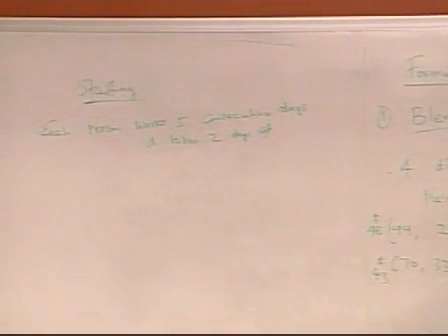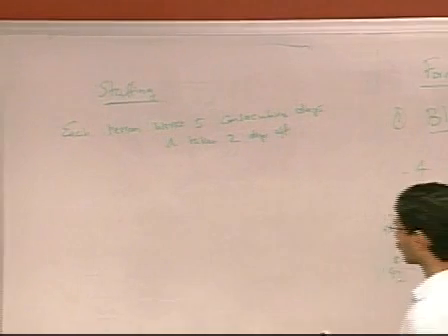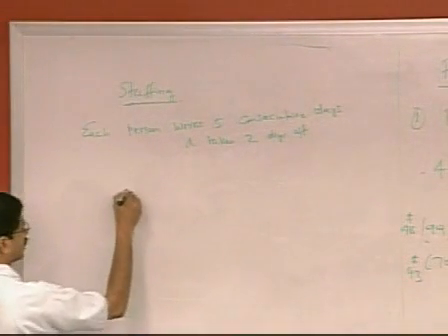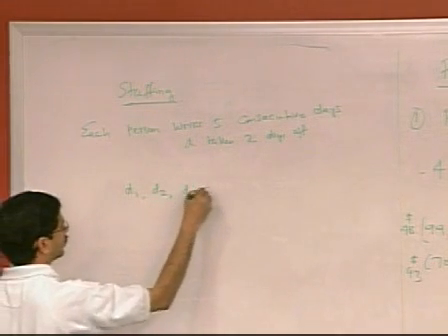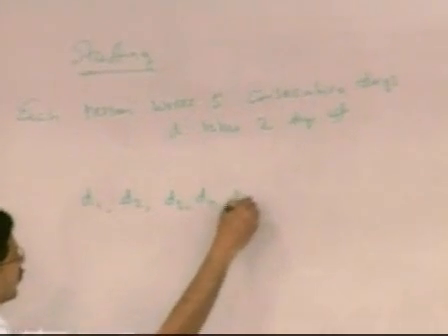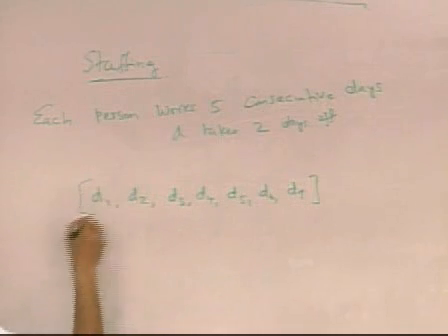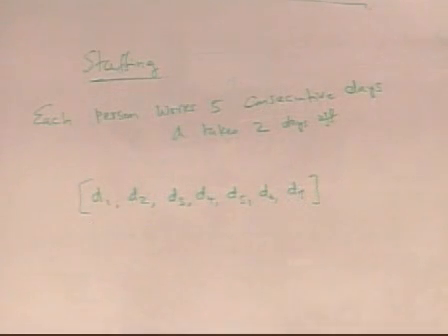So the question is, suppose you have this constraint, and suppose your demands are D1, D2, D3. Let's say that this is the staff requirement over a week, and every week it stays the same.